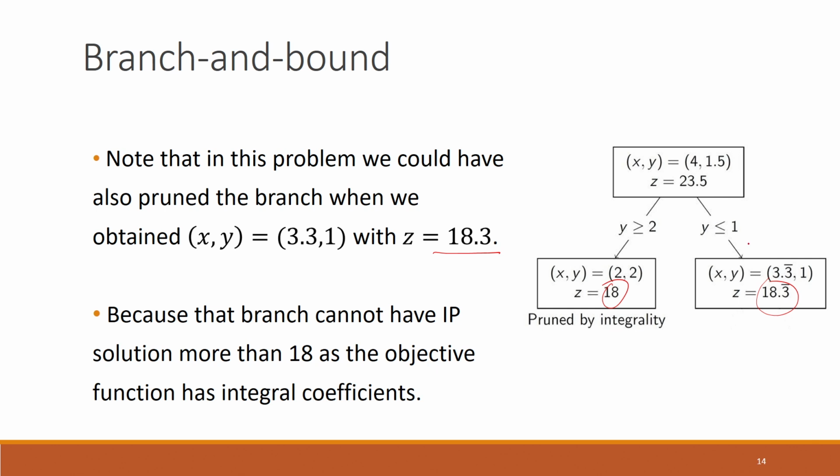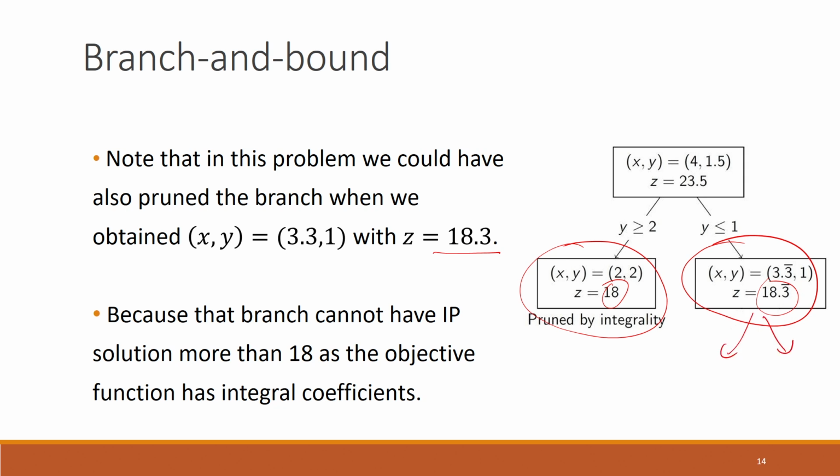So, since we cannot get anything greater than 18.3 here as the optimal solution for the integer program, the best optimal value you can get for the corresponding integer program will be 18 only. Since we already have a solution with integer values that attains z equal to 18, there is no point in going further down below here.